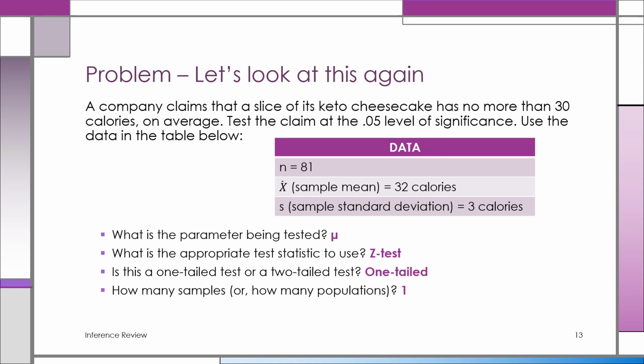Yeah, probably not, because you're looking to reject the claim. The claim is that there's an upper cap of 30 calories. No more than, so less than or equal to. So you'll only reject if you find your data, from the sample evidence, is too high, too far above this claim. And then finally, how many samples? Just one. We're only looking at one sample, one type of cheesecake, a sample of size 81.